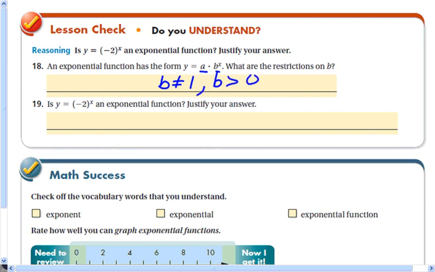So our b is -2 in this exponential function. Our a is actually 1 times -2, but b has to be greater than 0, so it is not, because we can just say b is less than 0. And that's because b is equal to -2 in this case.